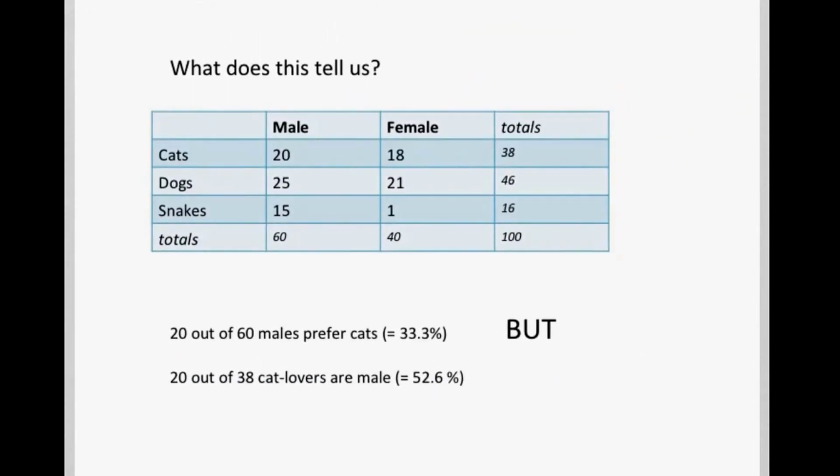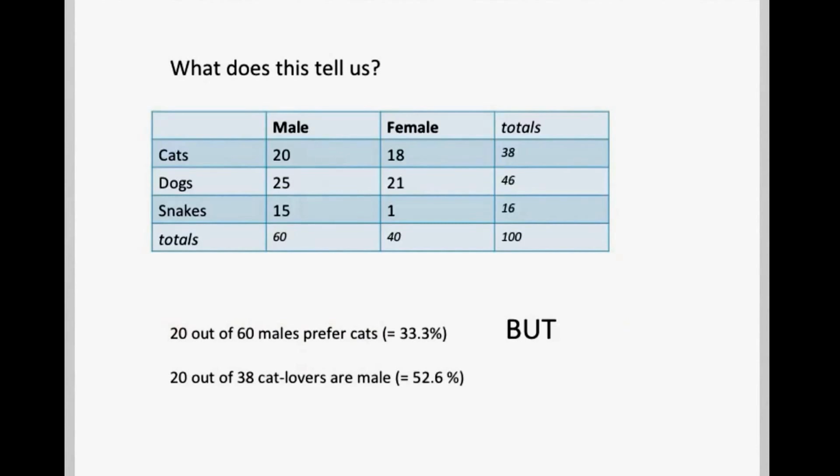Now, what does this tell us? What do these numbers tell us really? Well, we can say that 20 out of the 60 males prefer cats. So that's around 33.3%.